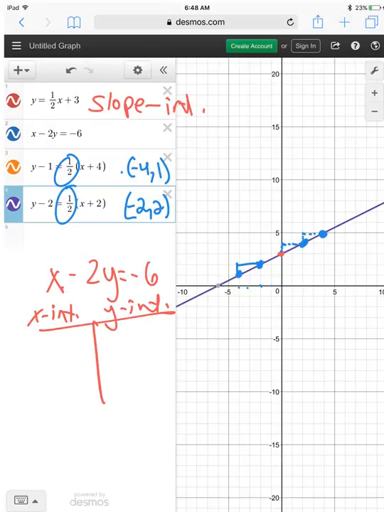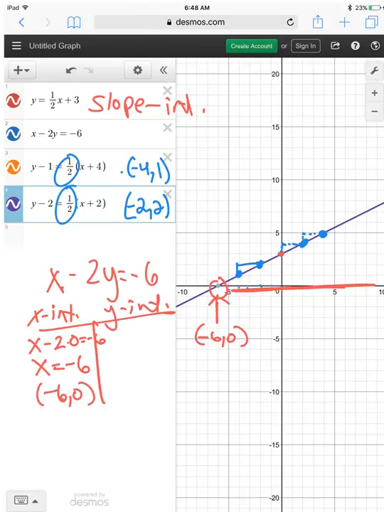When I want to find the x-intercept, it's me wondering where does it hit on the x-axis. And anywhere on the x-axis, y is 0. So it would be x minus 2 times 0 equals -6. And then I would get x equals -6. And I can see that x does in fact hit at -6. That point is -6, 0.